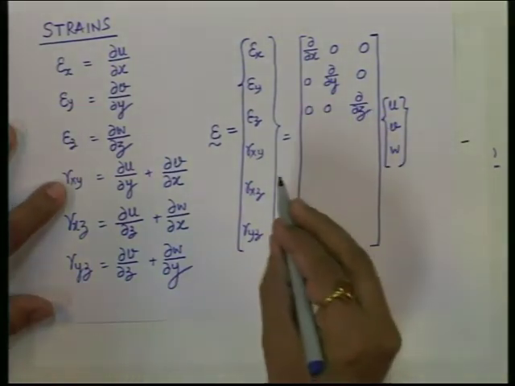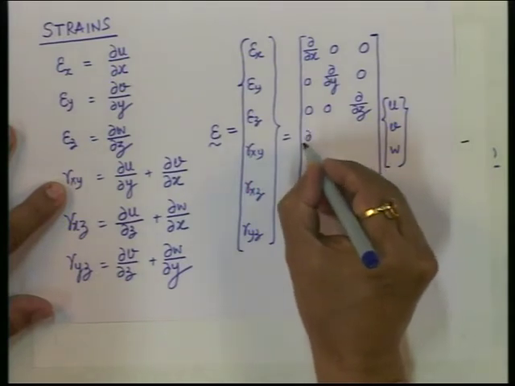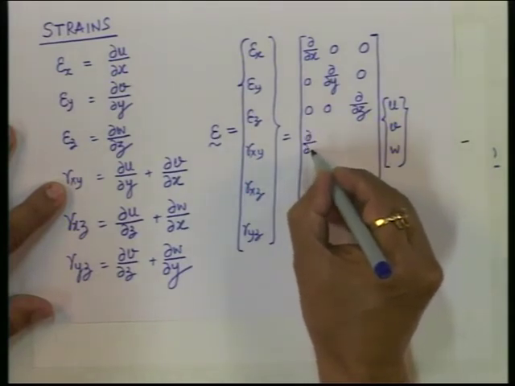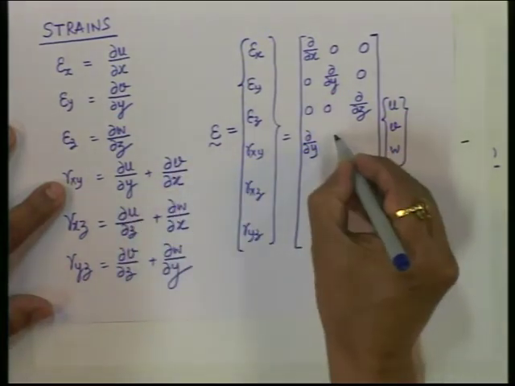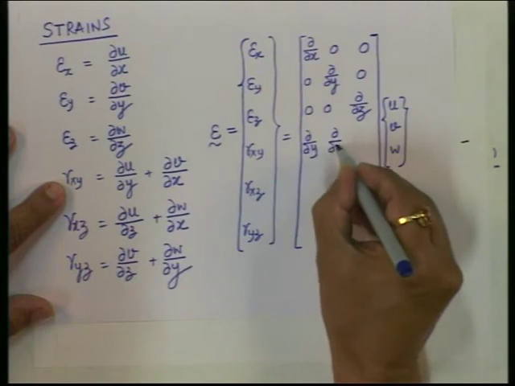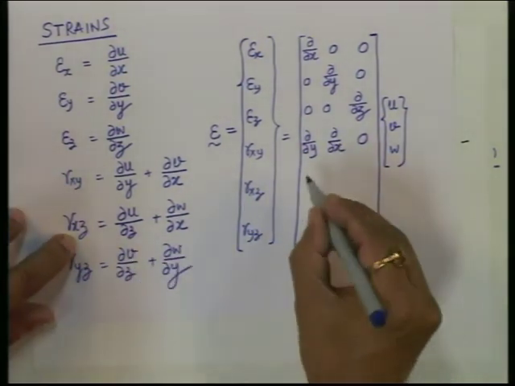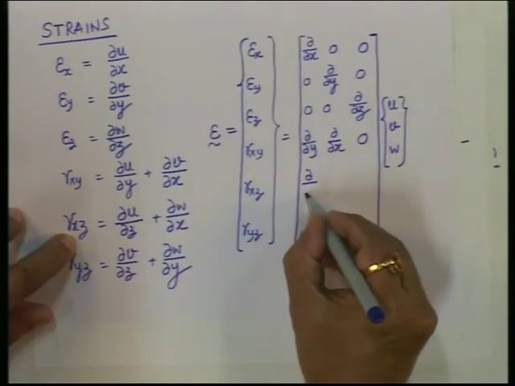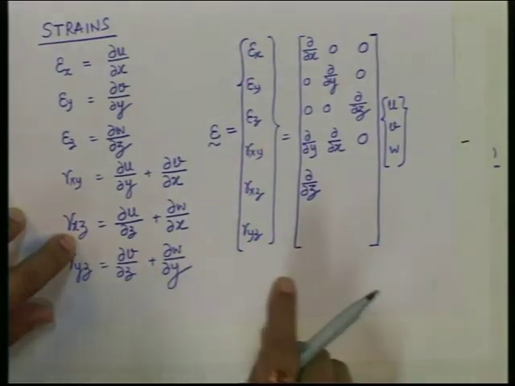Then here, x y, del u by del z, then here del by del y, and then v by del x, this will be 0. Then here del u by del z. It all depends, do not take it blindly, you see how it is written and how people are following.